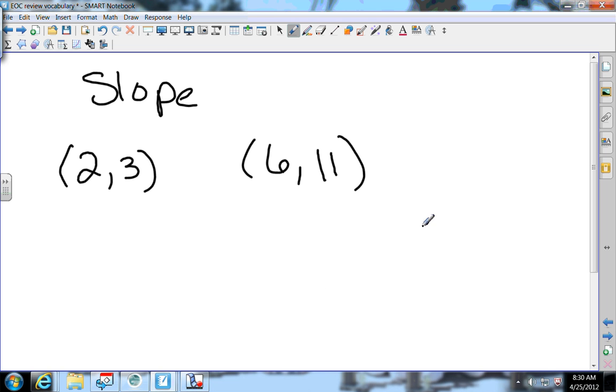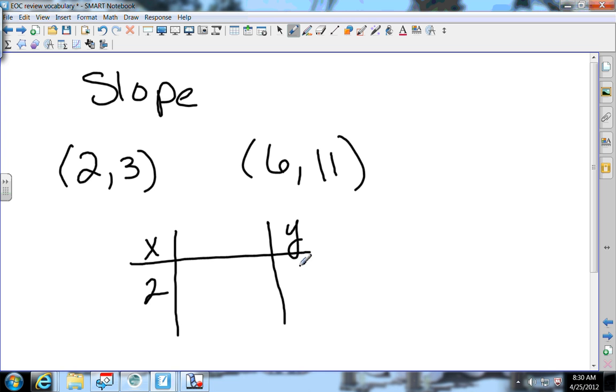I'm going to put it in a table. I have x and y, and I'll put the points in there: 2, 3, and 6, 11.